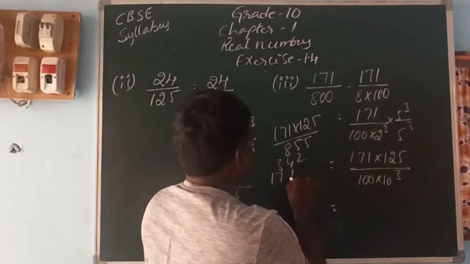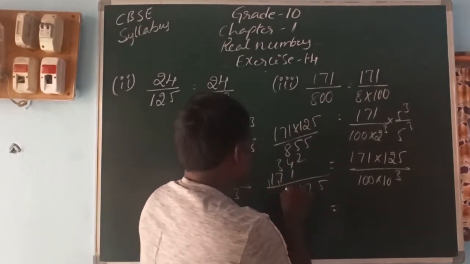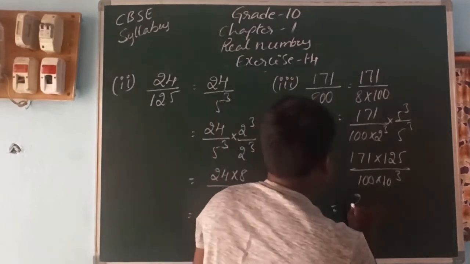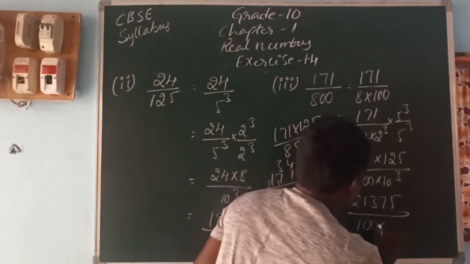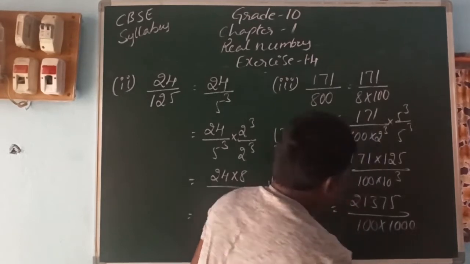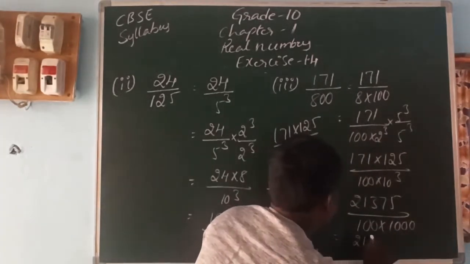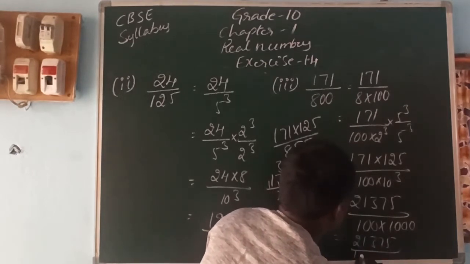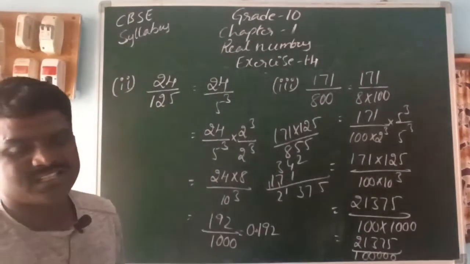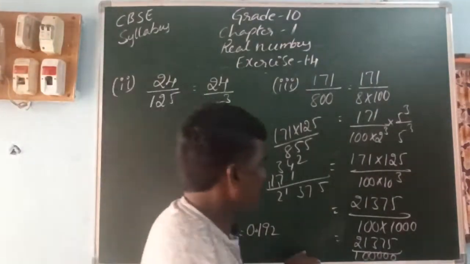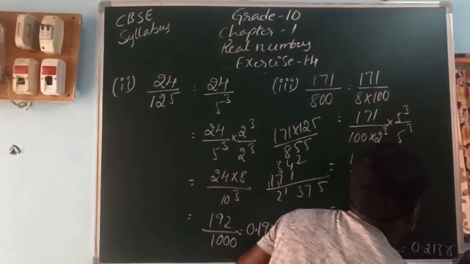Next, 171 times 1 is 171. Adding gives 21,375 by 100 into 1000, which is 100,000, that is 1 lakh. So 21375 by 1 lakh. There are five zeros, which means five decimals. That is 0.21375.